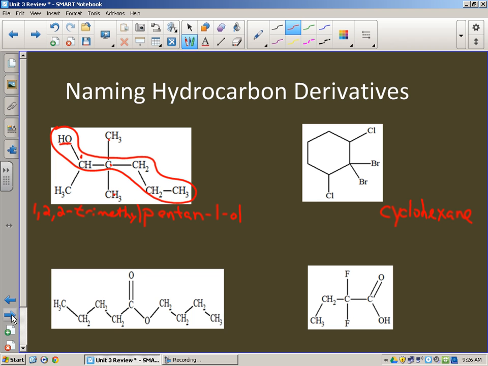That's cyclohexane. And then we need to use the lowest numbers possible. The temptation is probably to go 1, 2, 3, because those are the lowest numbers. However, 1,1 has got to be the lowest number there.